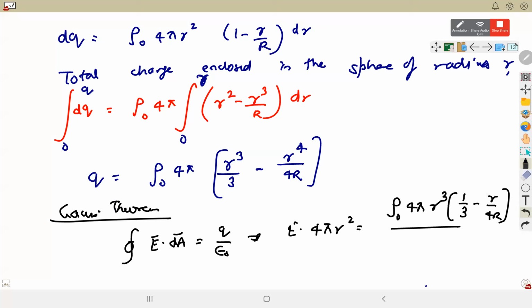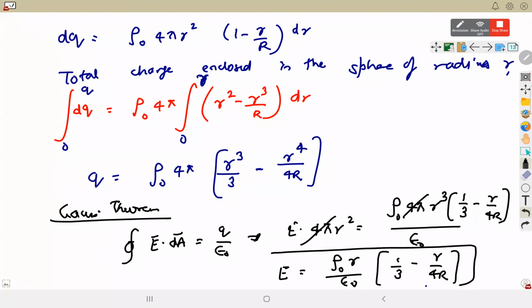So 4 pi gone, r square from r cube gone. The electric field E becomes rho naught r by epsilon naught times 1 upon 3 minus r upon 4R. This is the electric field at a distance r inside the sphere.